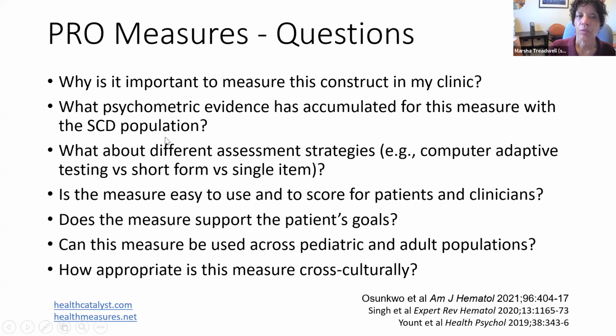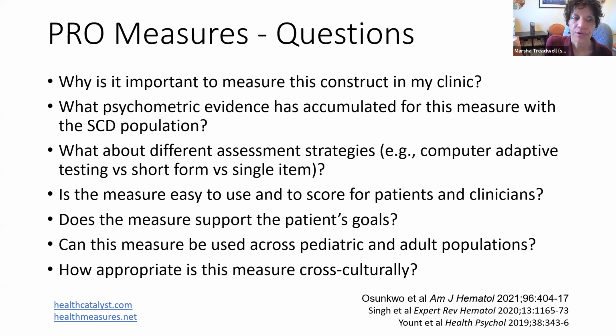You want to think about, what's the evidence that's accumulated for this measure with the sickle cell population, and everything that I've mentioned so far does have some good psychometric evidence for the populations. And then think about the different assessment strategies.